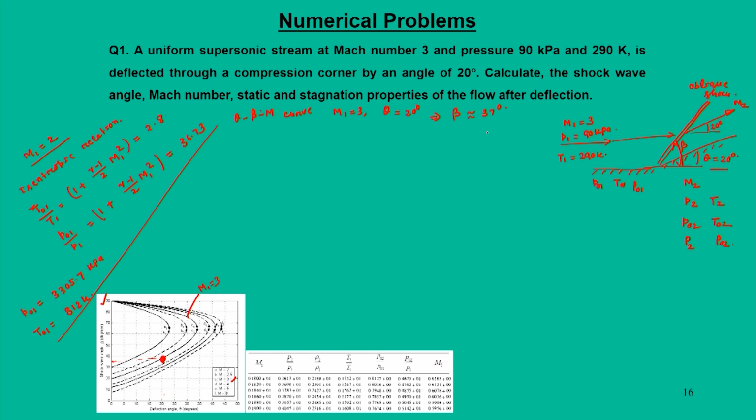Once you know this beta, we can have this relation: Mn1 is equal to M1 sin beta, that is 1.82. Now, for this Mn1 we have to refer the normal shock table. This is an extract of the normal shock table. 1.82 is located at this number.